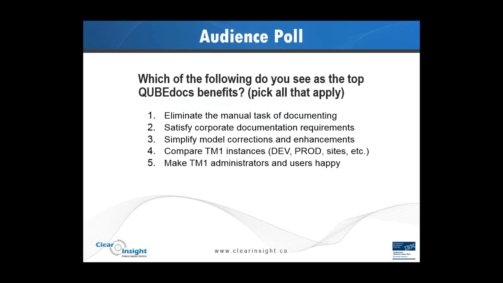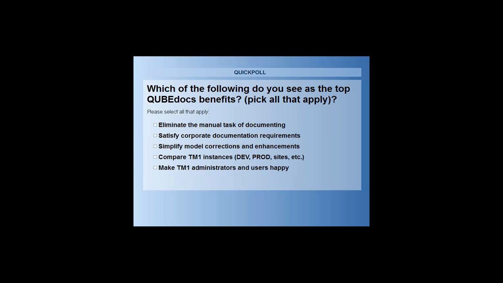Now that you've seen QUBEdocs, we'd love to get your perspective on things, and Kit's going to open up another poll here. Which of the following do you see as the top QUBEdocs benefits? Unlike the other ones where you could pick only one item, here you can pick multiple items.